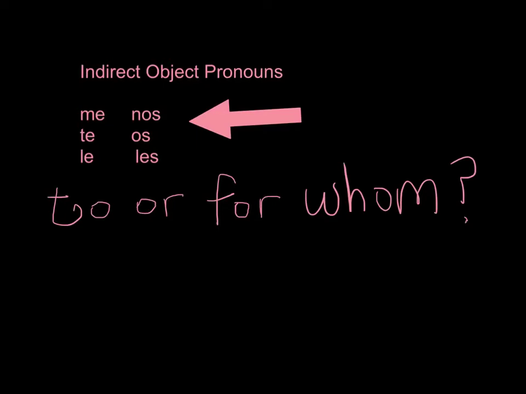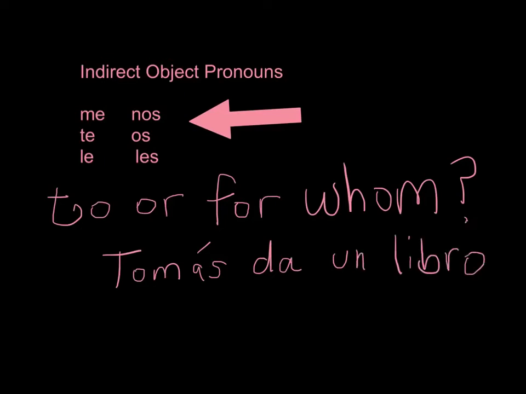So in the sentence, let's say, Tomás da un libro a su amigo. We have a direct and an indirect object noun in this sentence, but if we concentrate on the indirect for a minute, we would say in our translation, gives what?